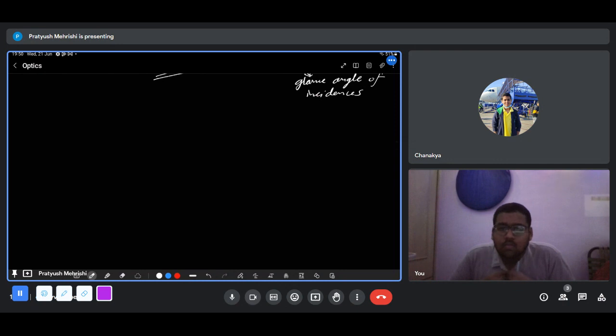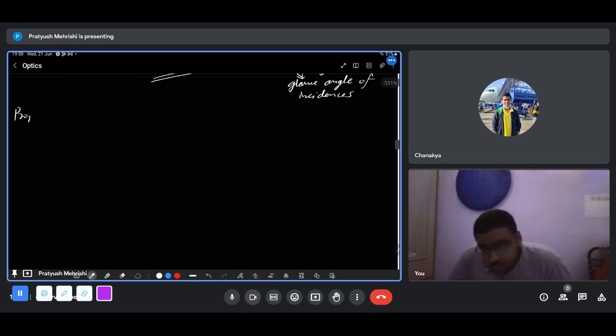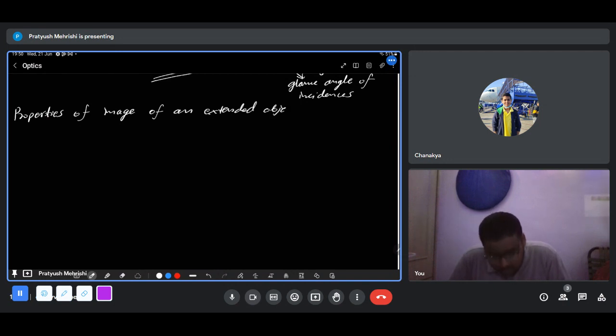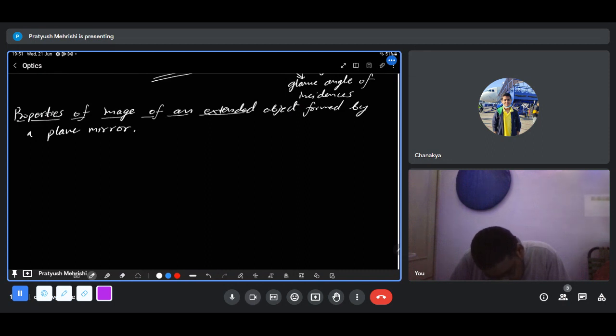Write down the properties of the image of an extended object formed by a plane mirror.